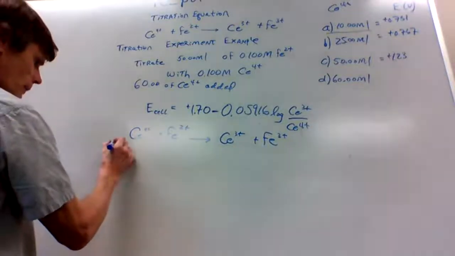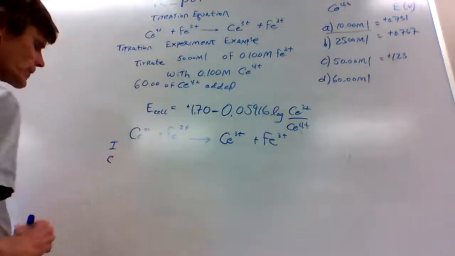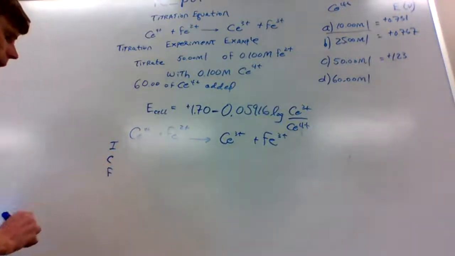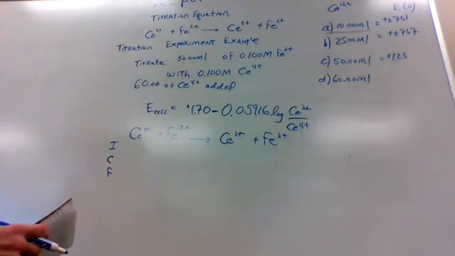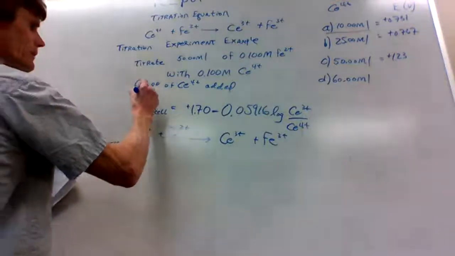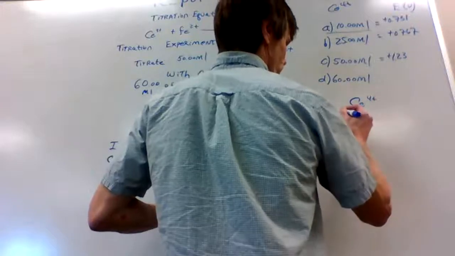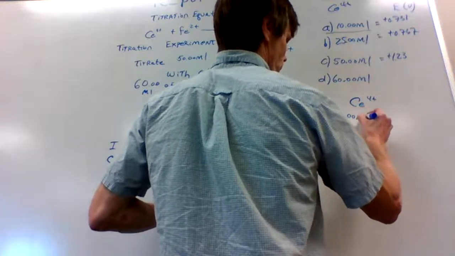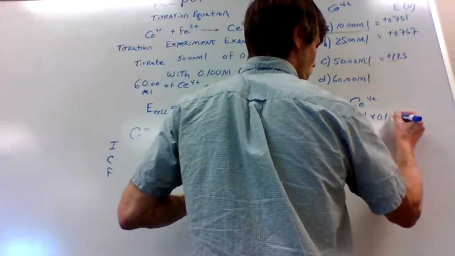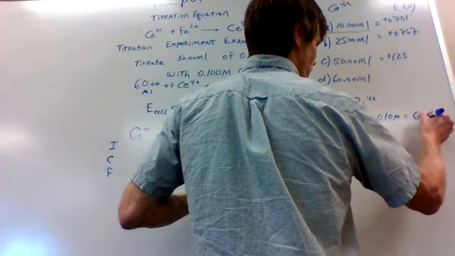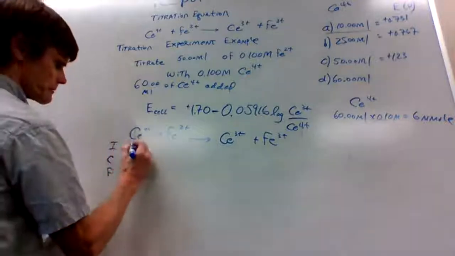We're going to take into account an initial number of millimoles of each of these species, the change that occurs, and the final number of millimoles that we have. Ceric 4 positive, we've added 60 milliliters of a 0.1 molar, and that tells us we're adding 6 millimole. Let's put that number in here. There's 6 millimole.